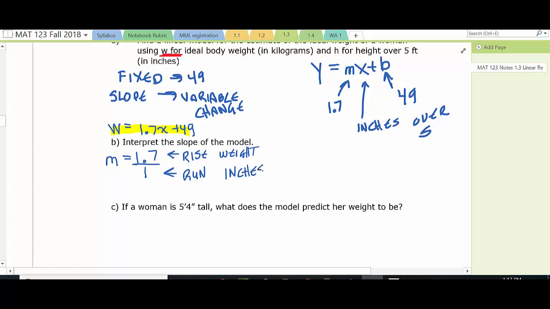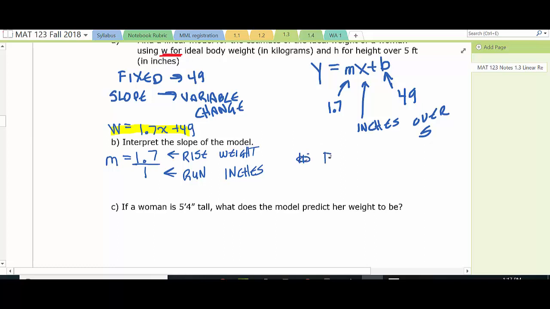This is the way that I want you to interpret this. You'll do this all semester. It really means this: every time you add an inch to your height, what happens? Your ideal weight goes up 1.7. Every time that happens, that happens. So the way I would like you to think about interpreting this is just write exactly what I said.